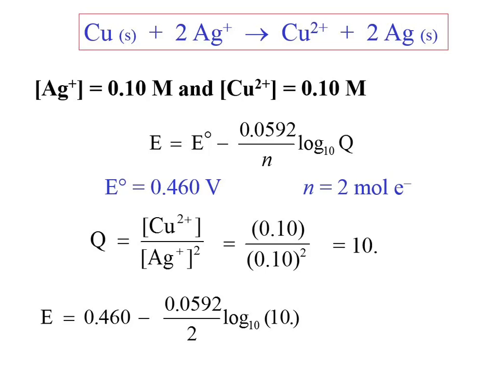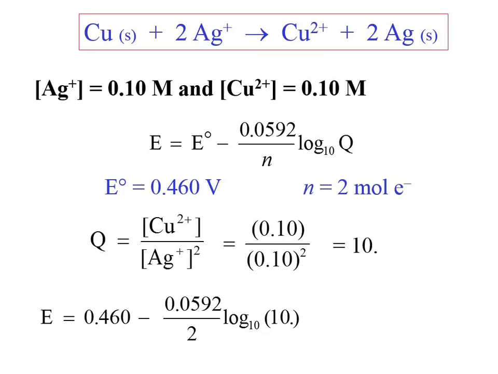All right, so we have everything we need to plug in. So the Nernst equation looks like this, where E, the non-standard conditions, is equal to the standard cell potential, 0.460, minus 0.0592 divided by 2 moles of electrons. That last term needs to be times the log base 10 of 10, which is 1, right? Okay, just checking.